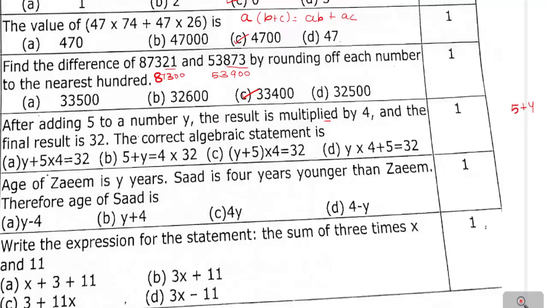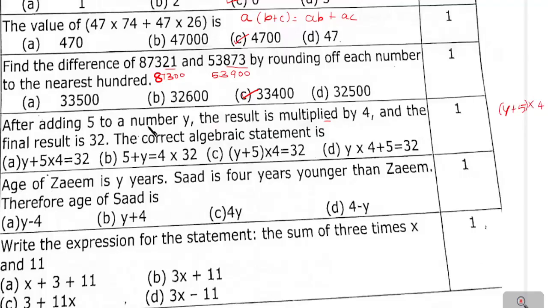So for this, after adding 5 to number y, y plus 5. Then the result is multiplied by 4. So after adding y plus 5, we have to multiply by 4.